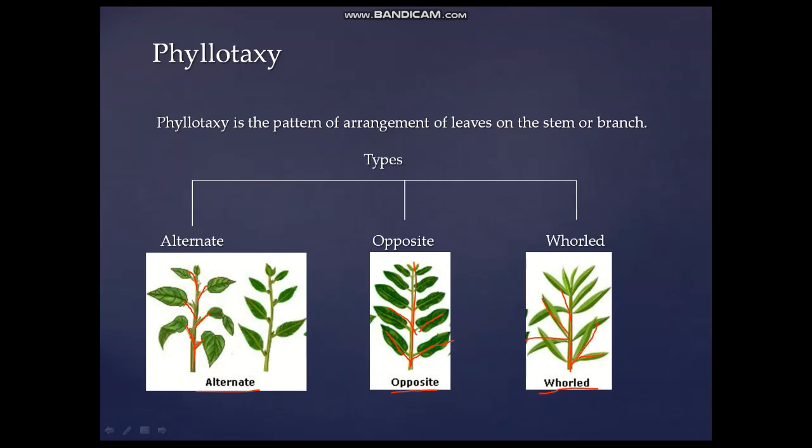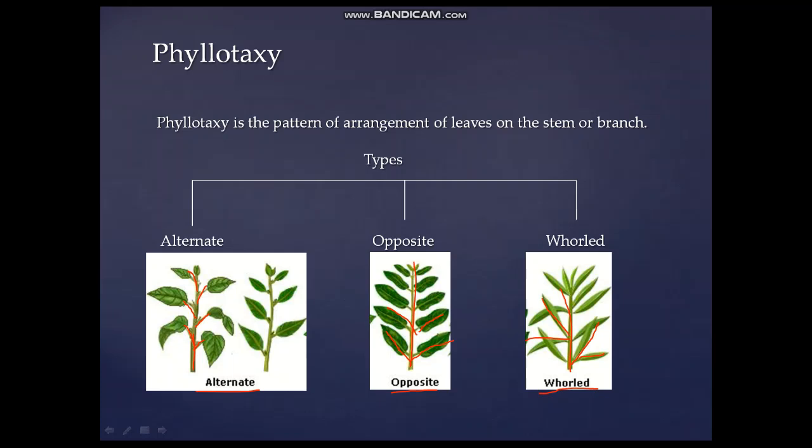So up to here we have discussed: first one is leaf function. Second is its parts. The third one is modification of the leaf. The fourth one is venation. Fifth one is which part of the leaf gets modified and performs other functions in spite of photosynthesis.